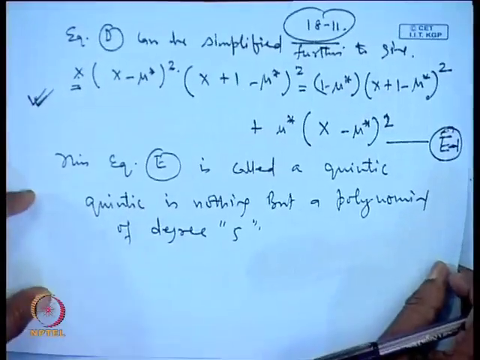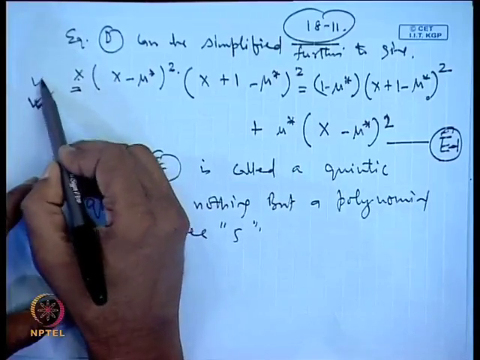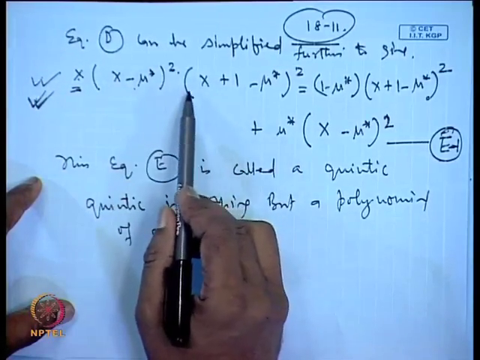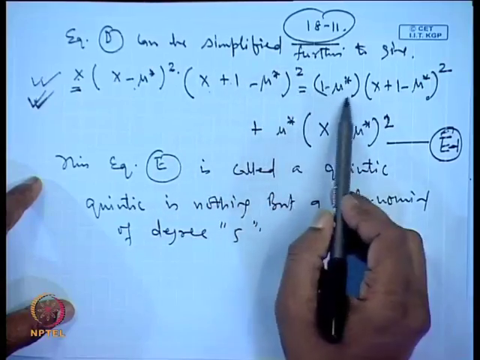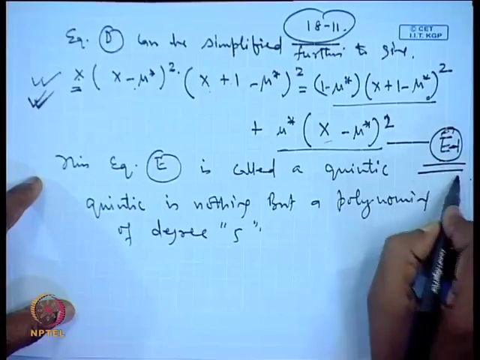In the last lecture, this corresponds to the quintic x times x minus mu square times x plus 1 minus mu square, equal to this quantity. This was our quintic number E 1.